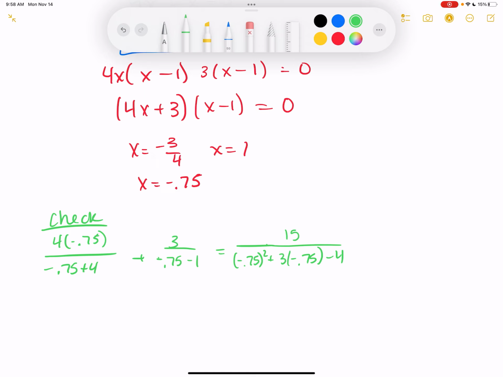Divided by... Alright. Negative 1.75. Enter. Okay. Equals. Oh, I did that wrong. Too many 7.5s. Yes, I did this wrong.